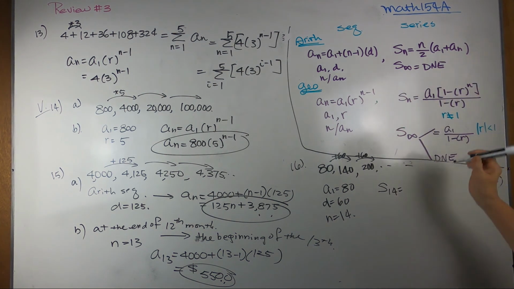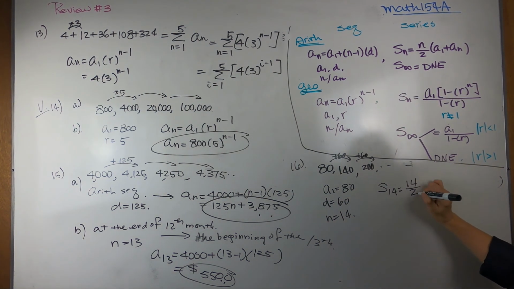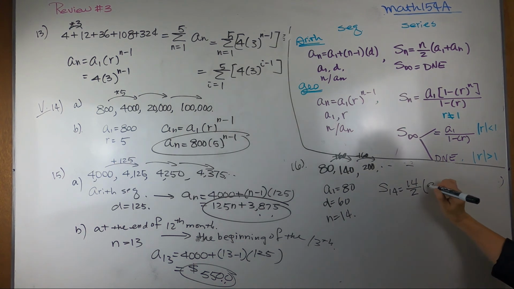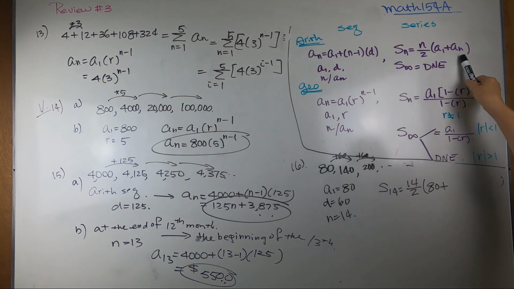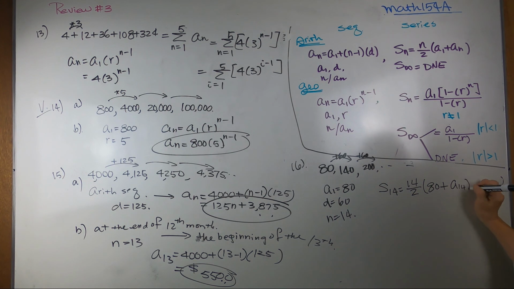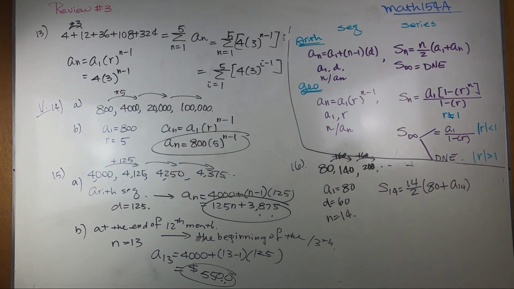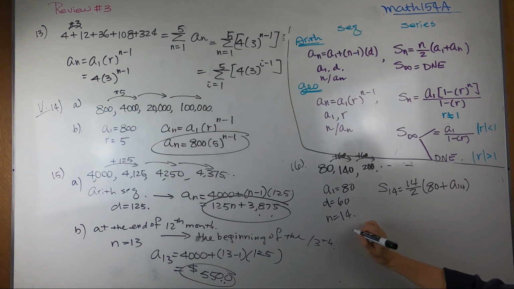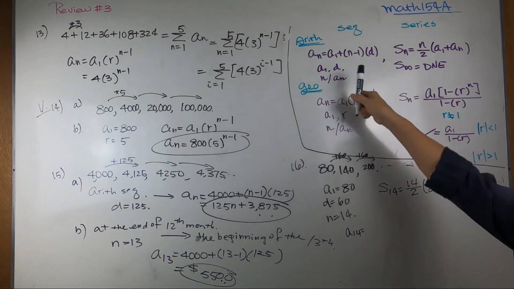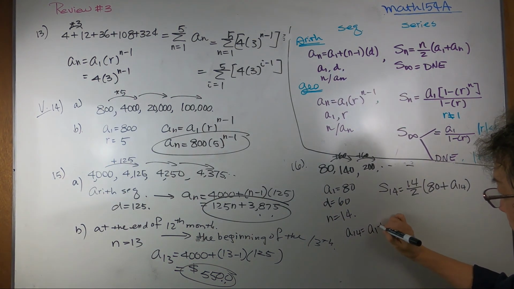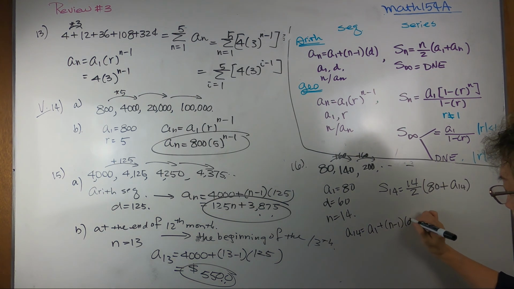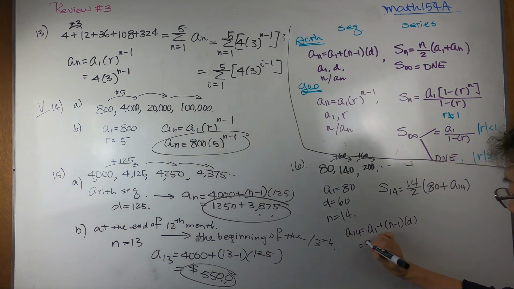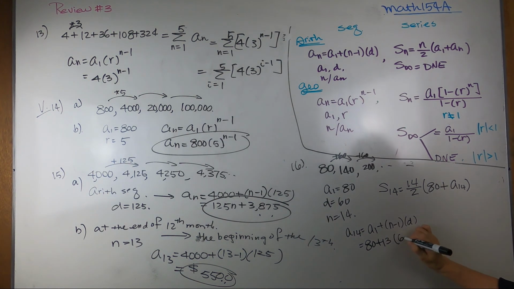So we use this formula. 14 over 2. A1 is what? 80 plus what? A14, right? Do we have A14? Not yet. We need to find the A14 with the sequence formula. So A14 is what? A1 plus n minus 1 times D, right? A1 is 80 plus 14 minus 1, that's 13, D is 60.